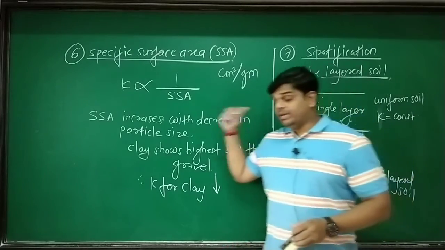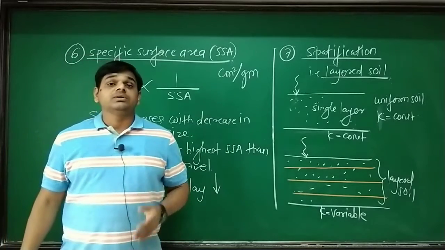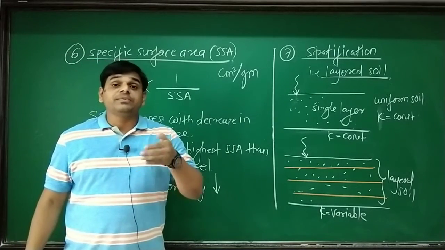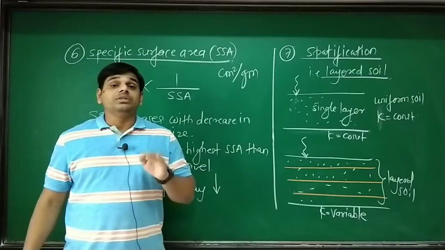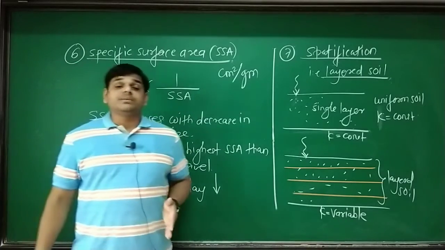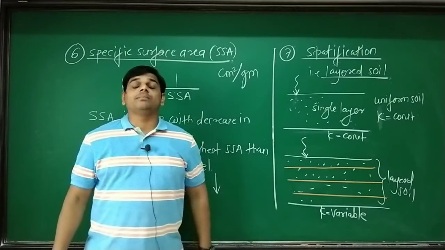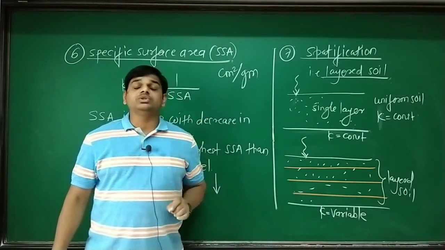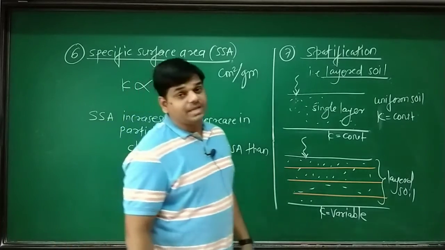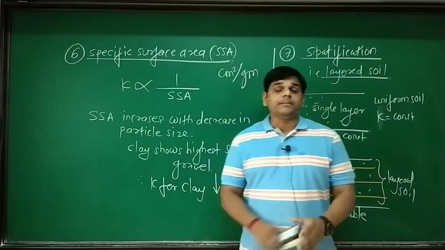We learn specific surface area decreases with increase in size of particle. In other words, specific surface area increases with decrease in size of particle. Therefore, clay shows the highest specific surface area and gravel shows the least.